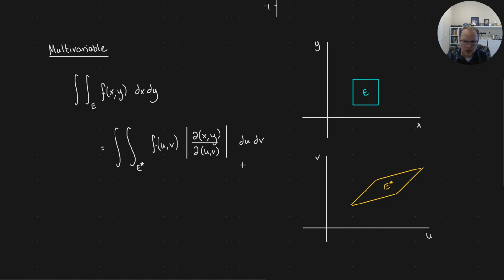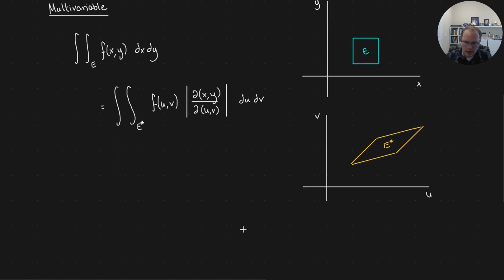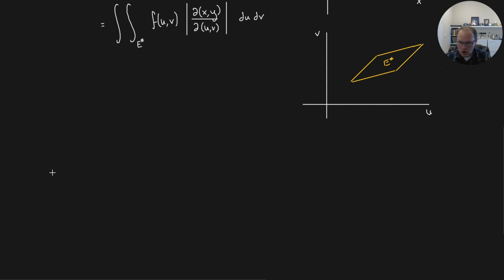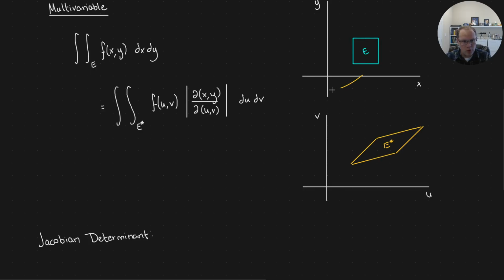Okay, so what is this Jacobian determinant? Well, the Jacobian determinant is a way to measure the change when we go from one space to another.